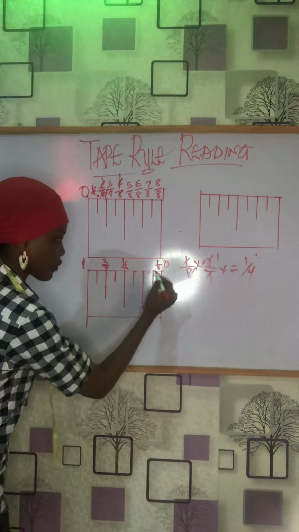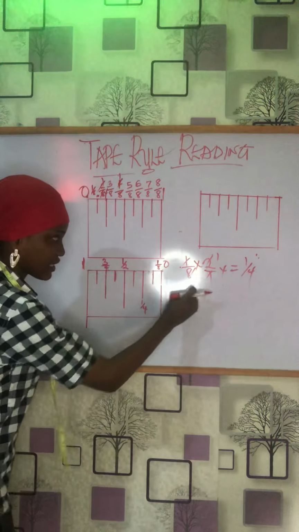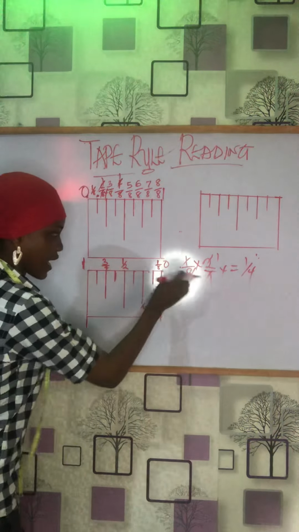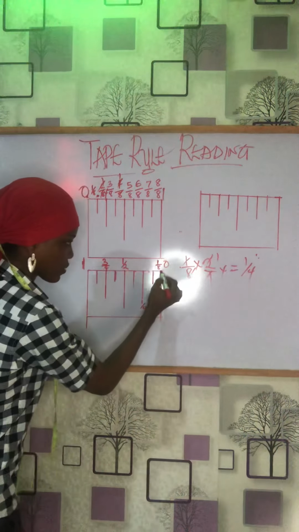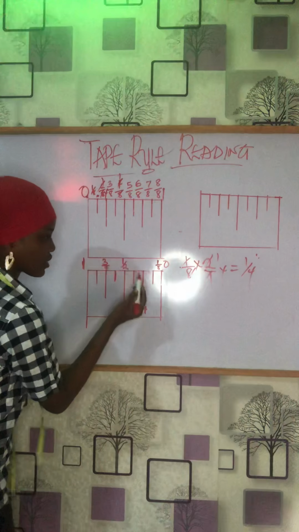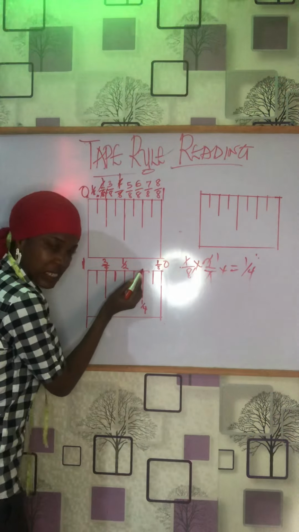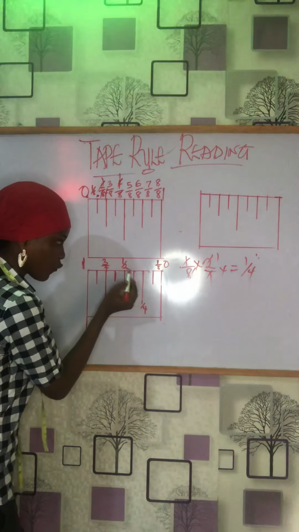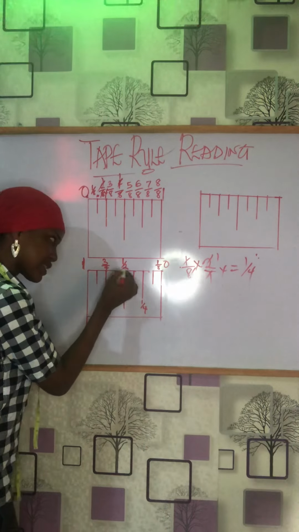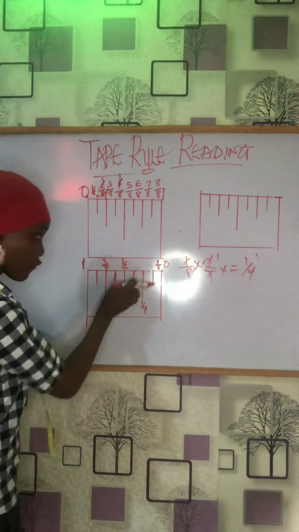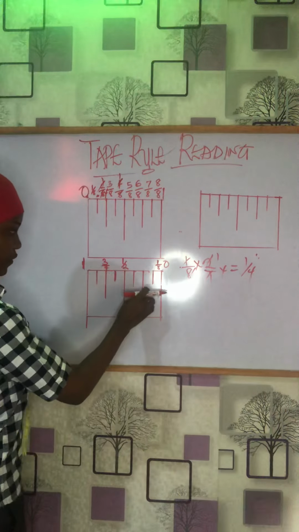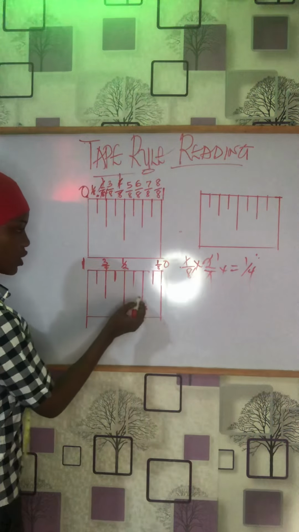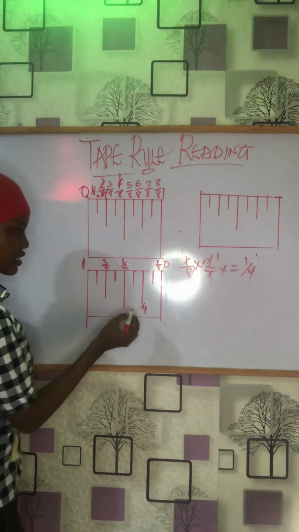Since 1/8 multiplied by 2 was 1/4, from this point to this point is 1/4. From this 1/4 to this point is another 1/4, because I have 2 1/8 which will give me 1/4.